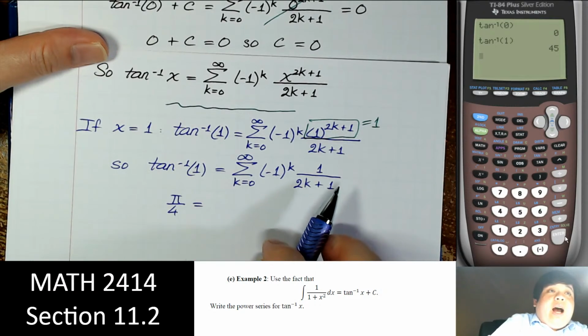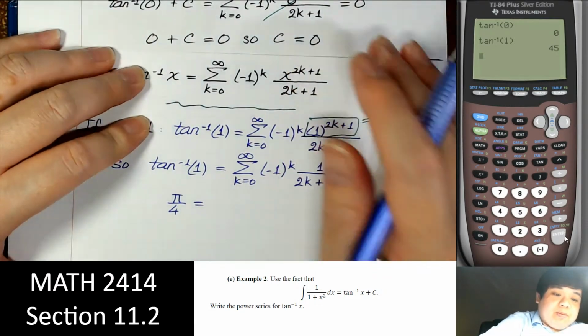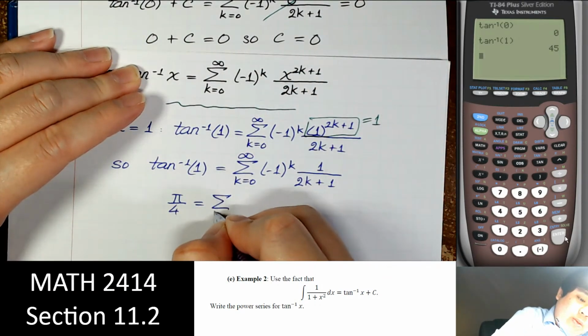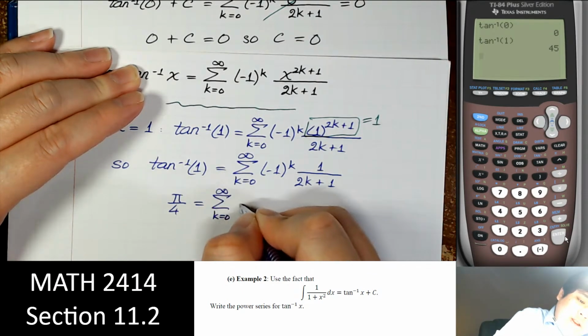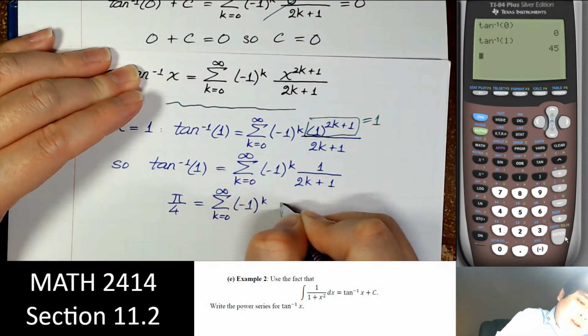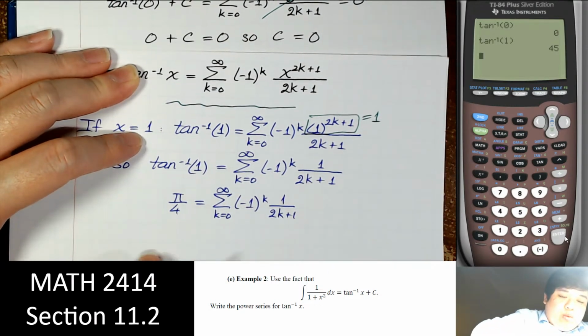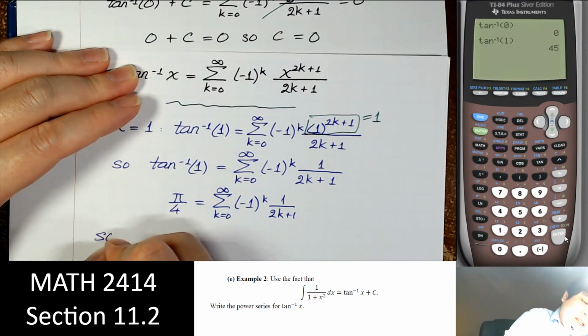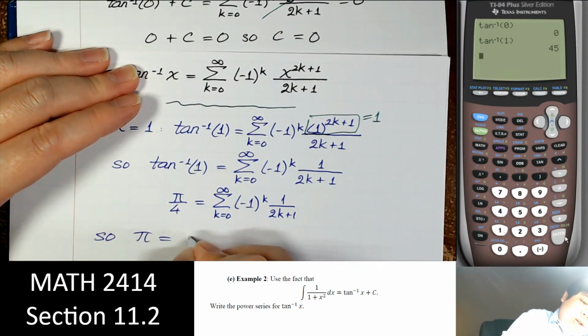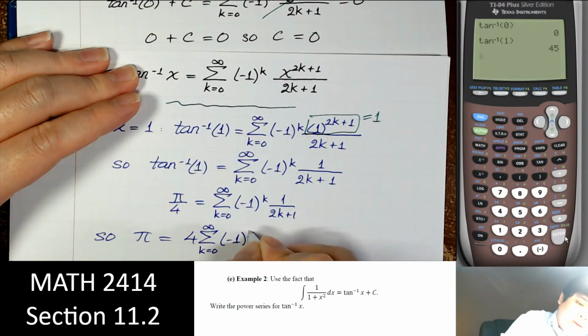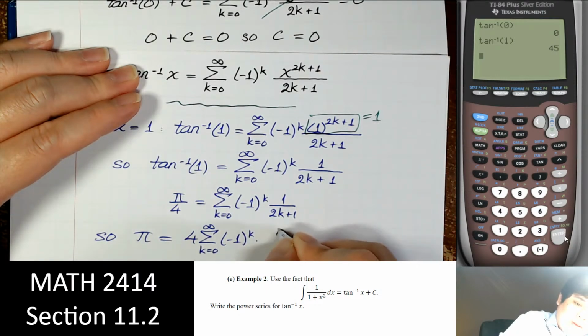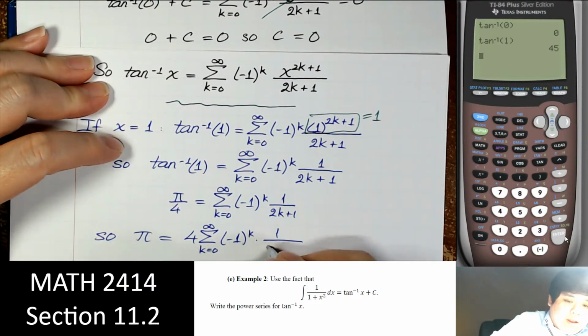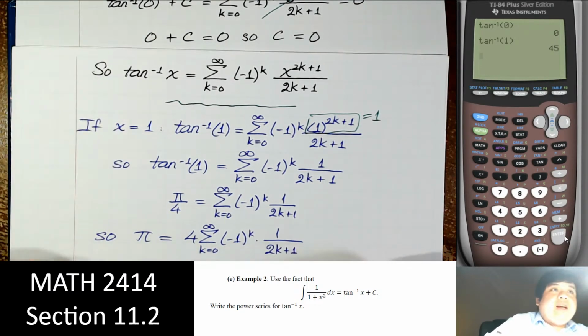And for this series, I'm going to just write it out for a moment, and we'll multiply by 4 on both sides. So we have pi equal to 4 times that.